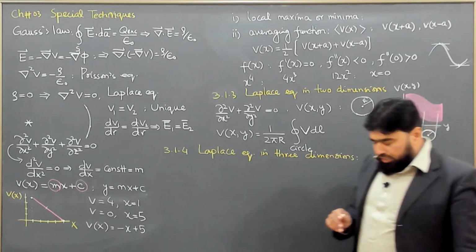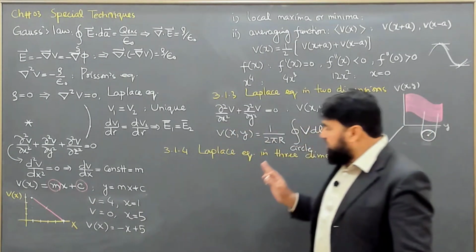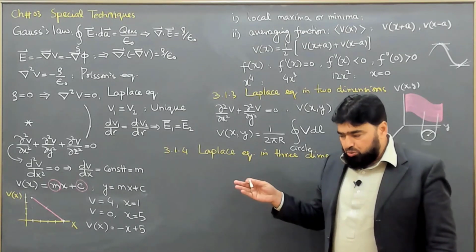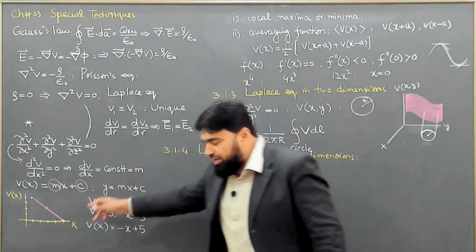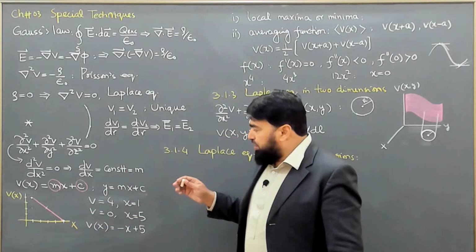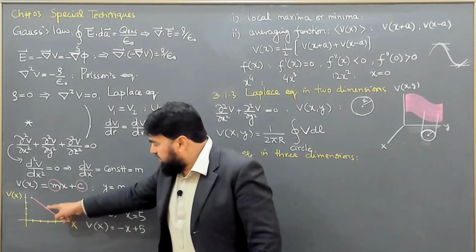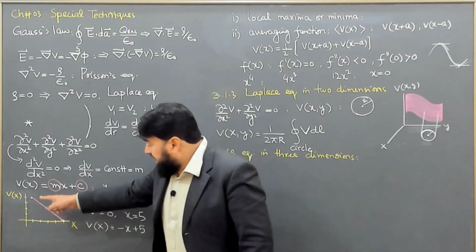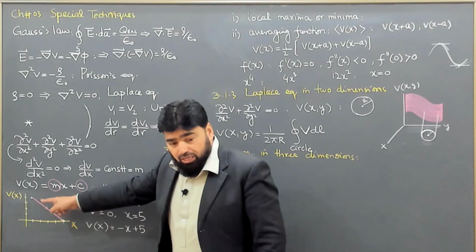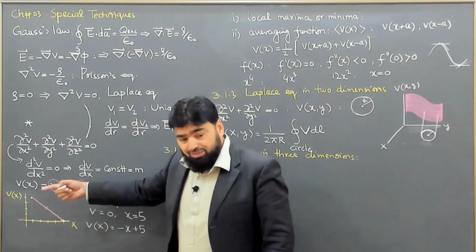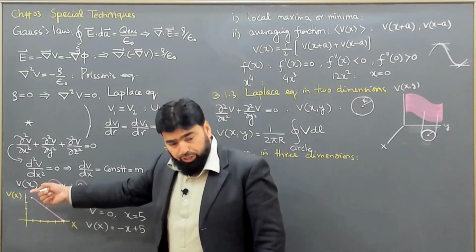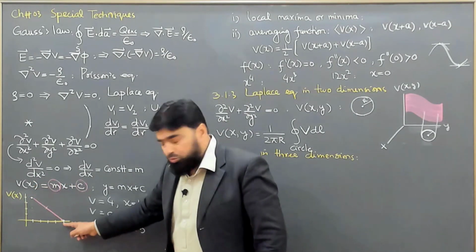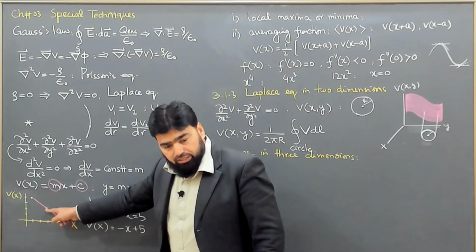In 3 dimensions we will not be able to say things as easily as in 1 dimension, because, let me repeat, in 1 dimension the Laplace equation gives the average value and there is no local maxima or minima, and the maximum values are at the endpoints. If the maximum value is at the endpoints, then the average value will come exactly at the center.